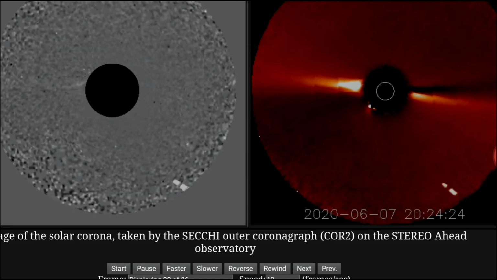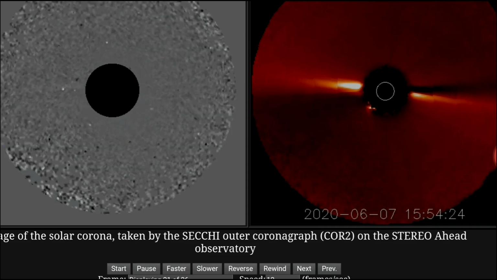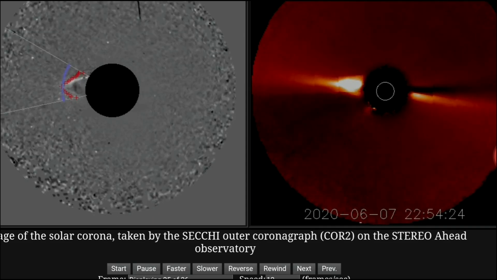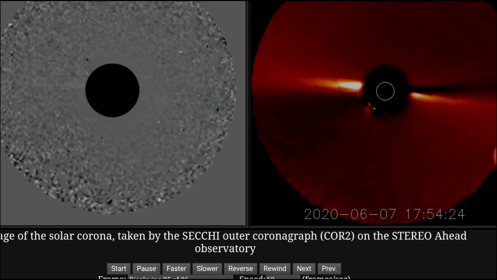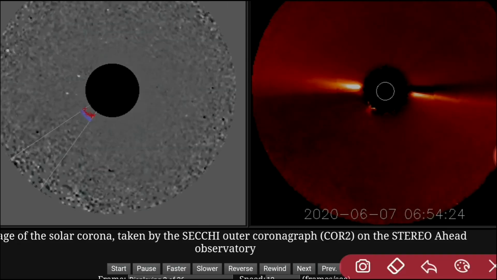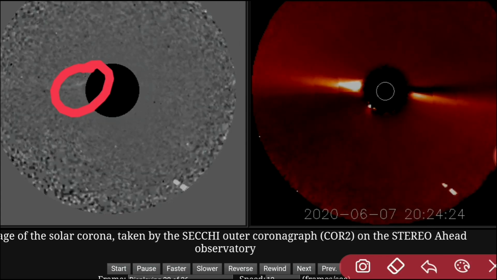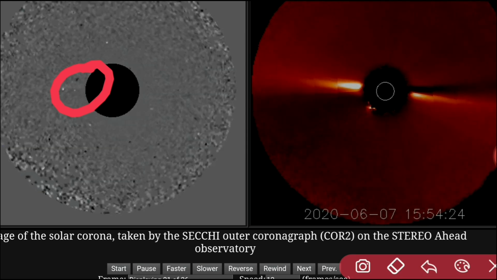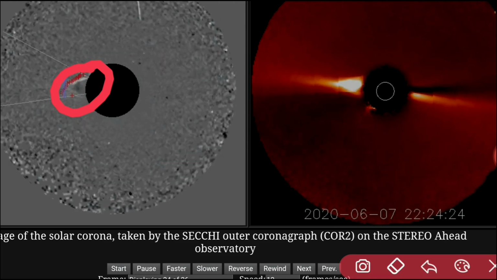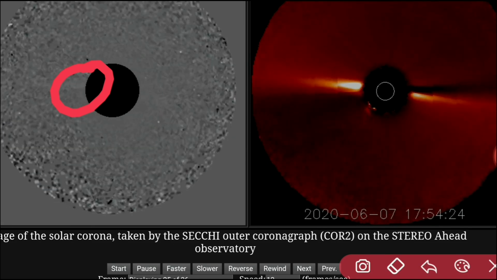But here's the other thing I want to bring up. I've observed this many, many times, and I've mentioned it many times, that a lot of the time, especially with a bigger CME, one that fires off over here, within 12, 16, sometimes even 24 hours, we'll have another CME that goes off almost directly 180 from it.